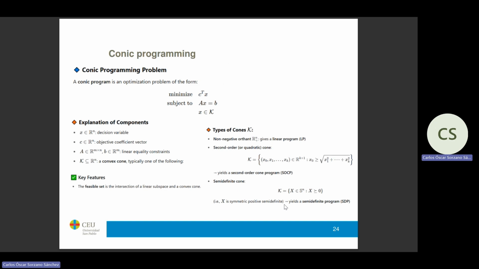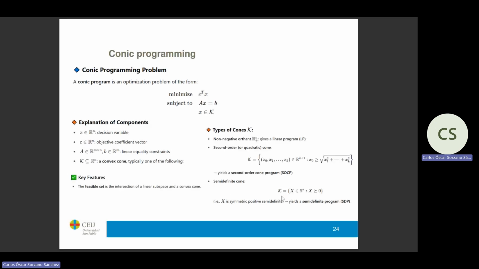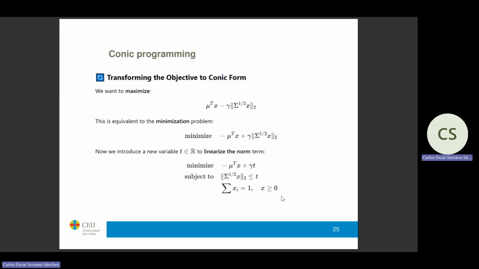So the general conic program is like this: c transpose x, subject to x in some cone K, and there are different ways of defining your cone. And you can imagine that, using some tricks like the one we used with the slack variables, you can transform this problem to this one. That we will learn.